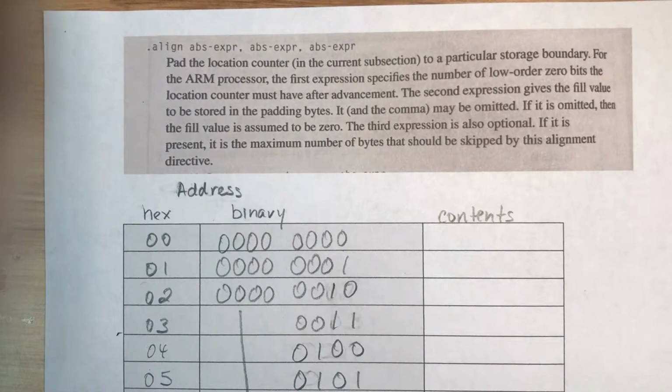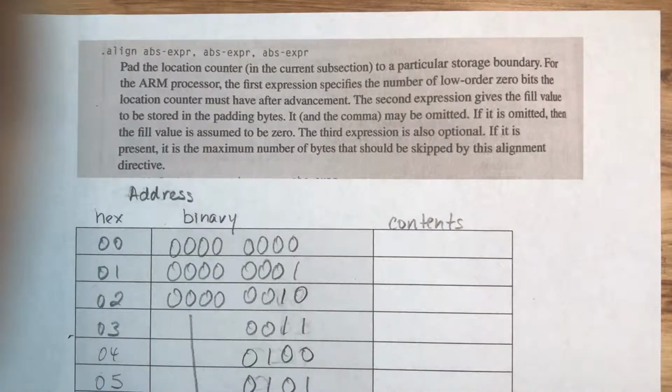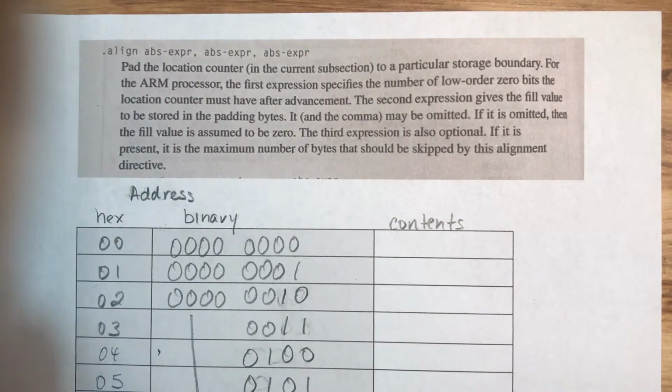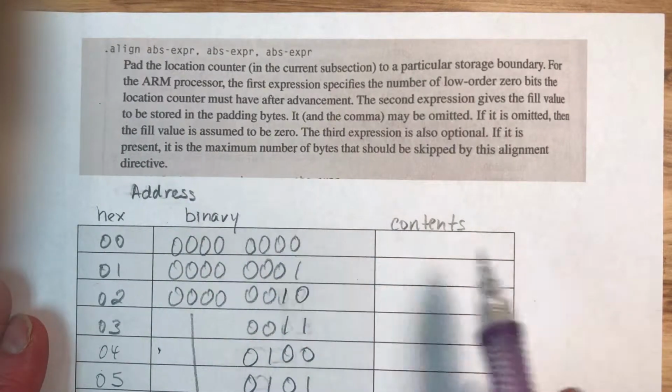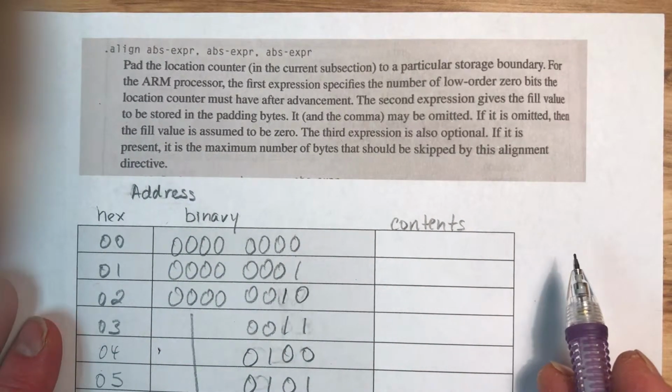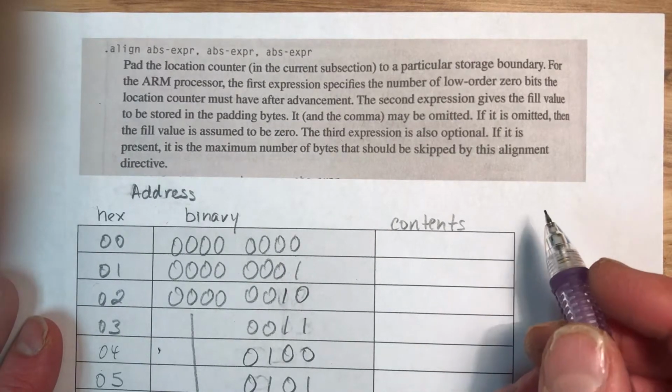Okay, so now we want to actually look at what the .align directive does for you. We talked about in the last video how, for example, we would like to be able to advance to the next word boundary. So let's look at the syntax of the .align directive to see how that's going to help us do that.